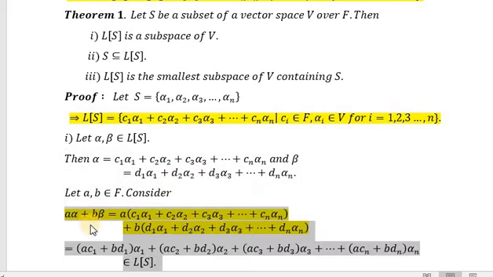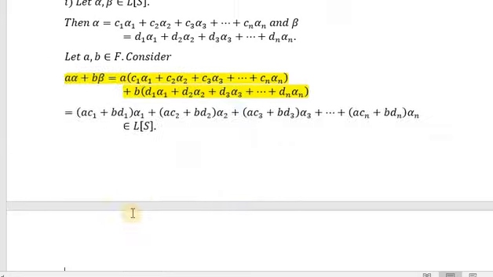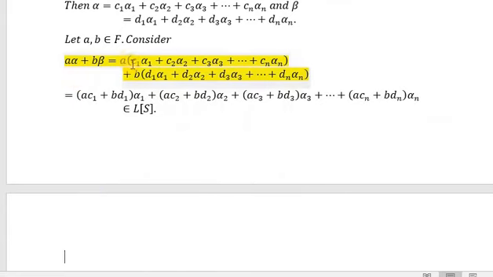Then let us consider a alpha plus b beta. A alpha plus b beta is nothing but a into alpha, the combination, that is C1 alpha 1 plus C2 alpha 2, and so on, Cn alpha n, plus b into beta, which is D1 alpha 1 plus D2 alpha 2, and so on, Dn alpha n. Now by simplifying these terms, that is a into C1 alpha 1 and b into D1 alpha 1, let us take alpha 1 outside from these two terms.